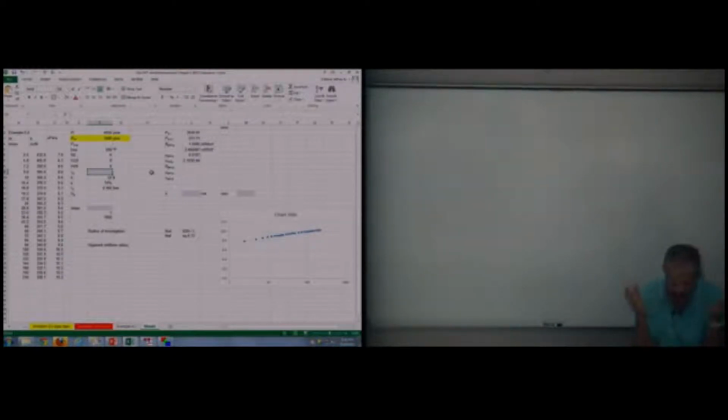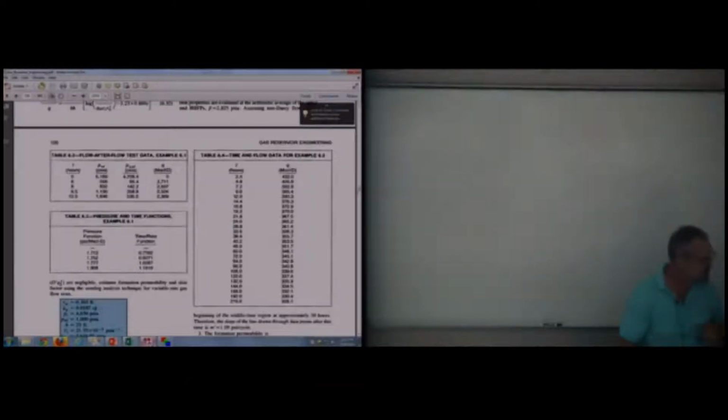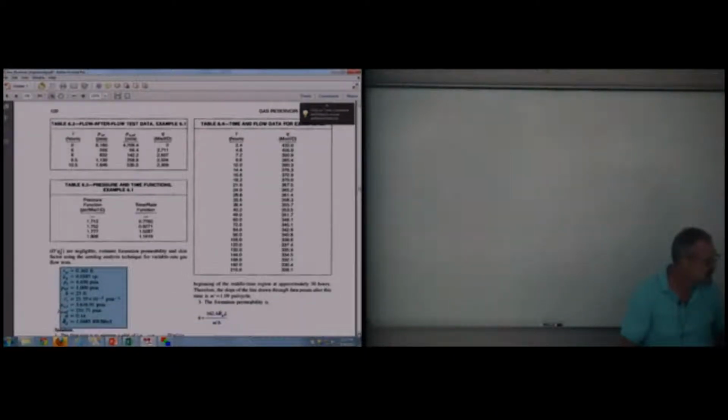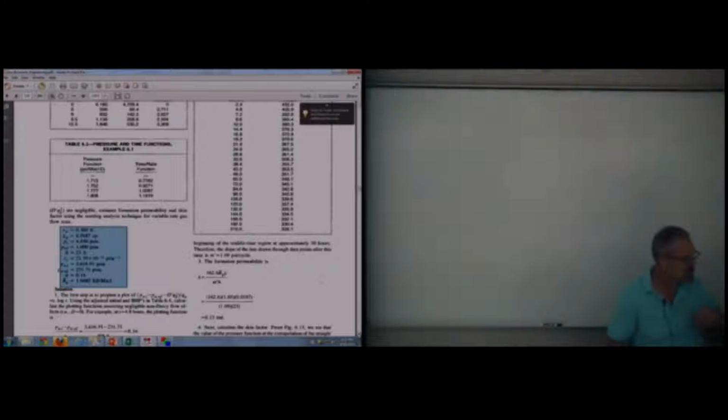And this should have been my test question. How are you going to determine your gas gravity, given everything you've got on this page, everything I highlighted there in that box?